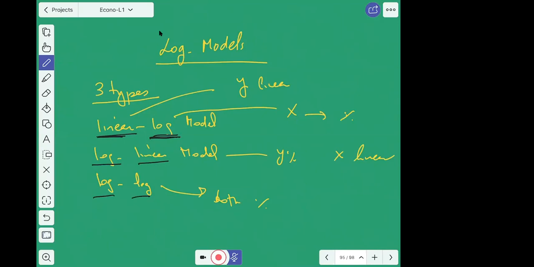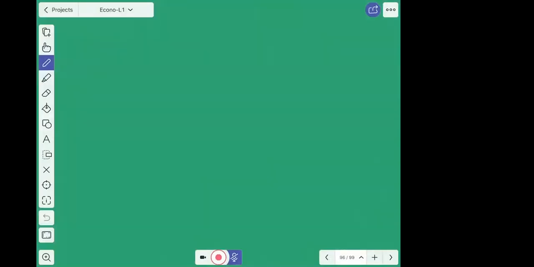And we said last time that log models are actually used if you want to talk about percentages, right? So you want to actually use percentages in your analysis rather than just using dollars and cents and miles and so on. All right, so let me start from here.